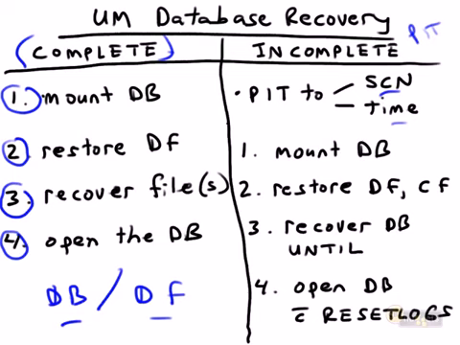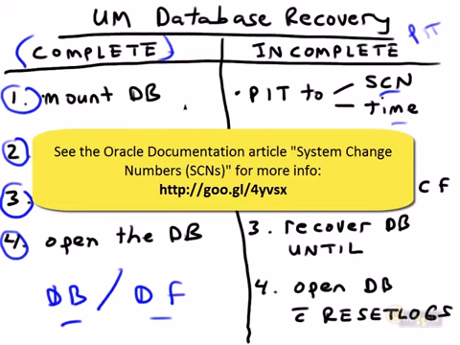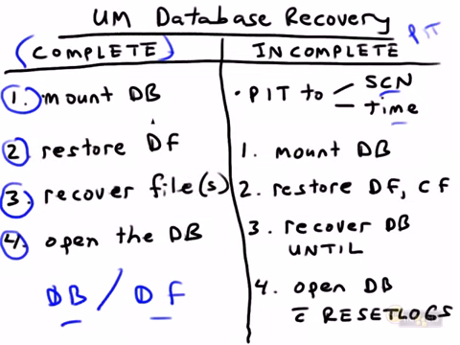I want to make sure you understand what it is. SCN is essentially the time or the clock used by Oracle Database. It's going to be an increasing number that denotes the current state of a database at a particular time. So the idea with consistency, if we do a shutdown normal, we want to make sure that the last SCN in each data file header matches the SCN in the control file.